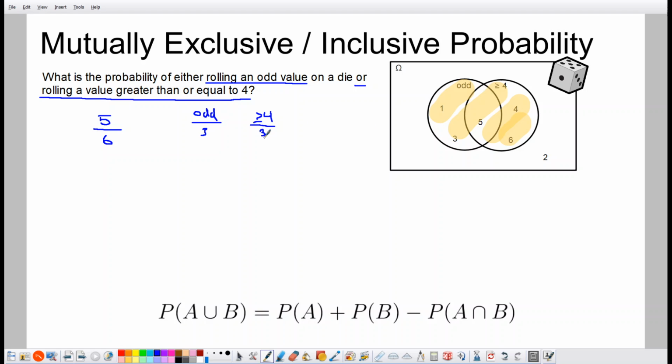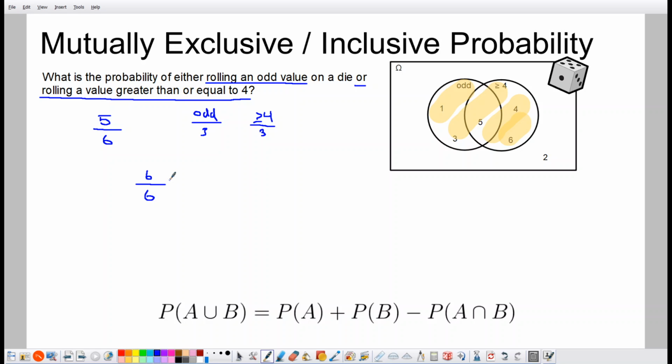We also have 3 results. Now, if I add these 2 results together, 3 plus 3 is going to equal 6. And if we divide that by our total sample space of 6, do y'all see the problem here? We've now come up with a different probability than we initially calculated before, just by adding up the individuals. Something's going wrong here.